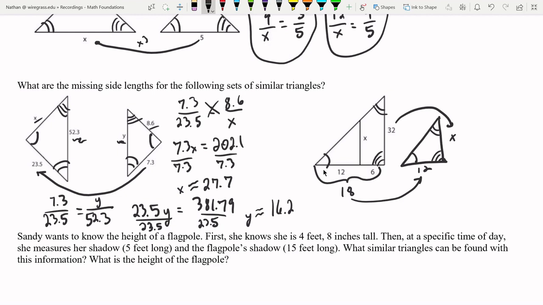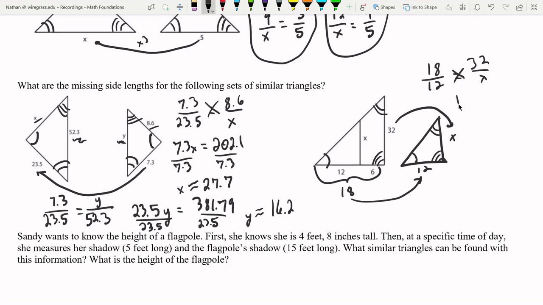Okay, to find x, once again, all we have to do is set up a proportion. It's important to note that you're looking at this full length here, not the 12 and not the 6. You have to add them up to get this 18. So let me do 18 goes to 12 and 32 goes to x. Again, 18 and 32 are the same triangle, so they're both on the top, and 12 and x are on the same triangle, so they're on the bottom.